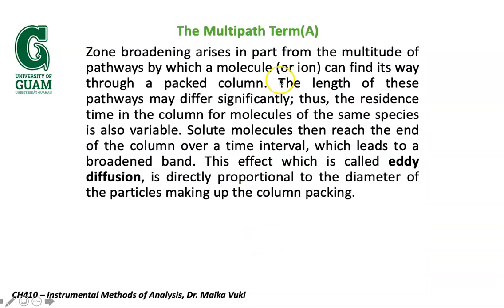So the first term is the multiple path. The zone broadening arises in part from the multiple pathways, so that's one of the major contributions to the zone broadening in chromatography. The length of these pathways may differ significantly, so the residence times in the column for molecules of the same species are variable. As I said, this sort of variation, or the process, is called eddy diffusion.